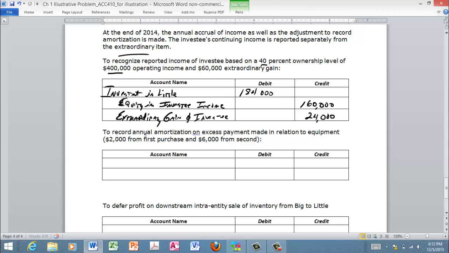Okay. Now, the amortization on that excess payment in relation to the equipment, remember we had the $2,000 from the first purchase and the $6,000 from the second purchase. So combined, I'm looking at $8,000. And what do I do with that? Well, remember, those entries are going to serve to reduce my investment in Little.